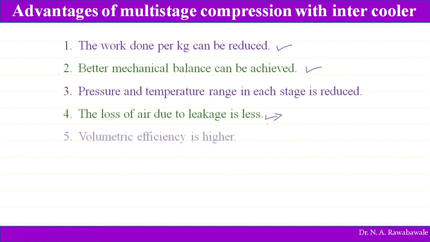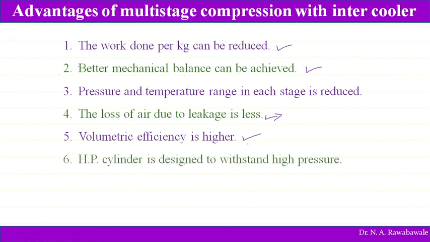The next one is that volumetric efficiency is higher. If we have multiple stage compression, we can increase the volumetric efficiency. That is, there will be low resistance for the movement of air into the compressor, and the actual volume taken can be improved by running the LP cylinder at lower speed, providing more time for air to enter the compressor.